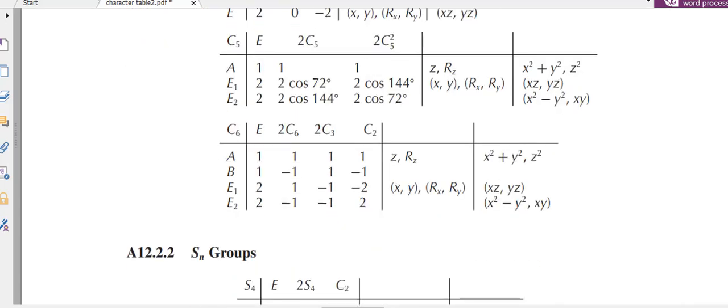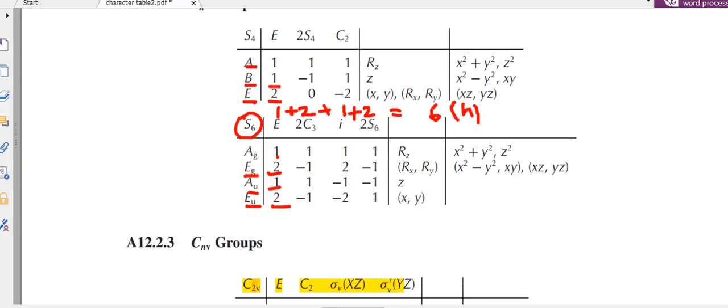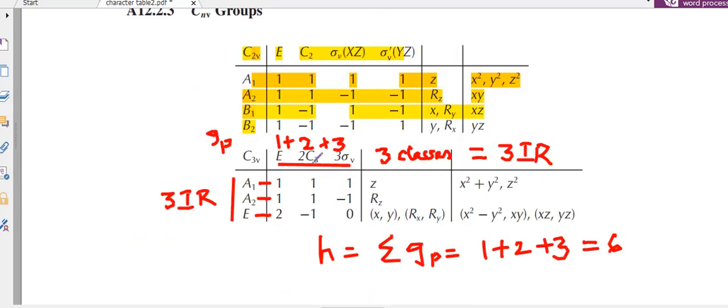Likewise, if you take the case of the C4 point group also, the dimension is 1, A or B. C4 is the principal axis. If it is symmetric to the principal axis, positive, then A. If it is anti-symmetric to the principal axis, negative, then B. Likewise, here also C3 is the principal axis.